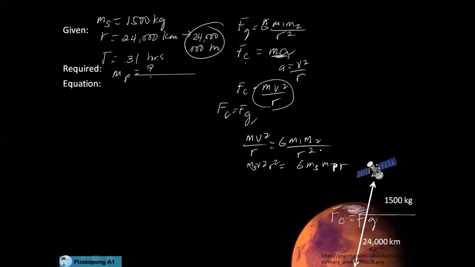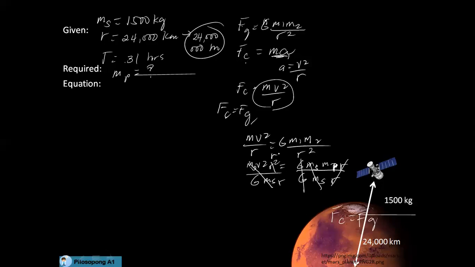Since we need the value of the mass of the planet, we need to eliminate all the variables on the right side. So we'll have G, mass of the satellite, then we have the r, or radius. So we can cancel this out. G, m sub s, r. So this one will be cancelled out also.